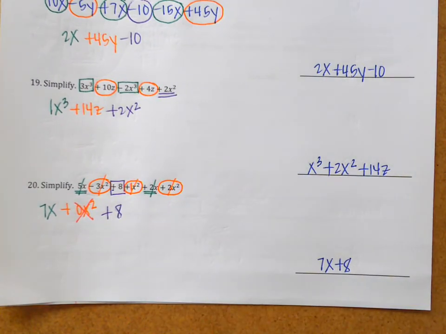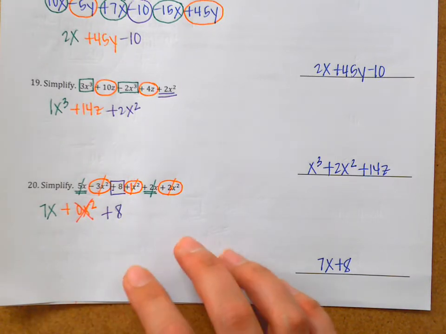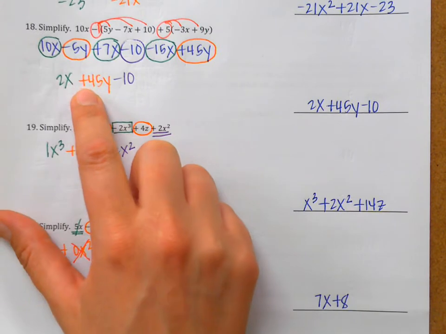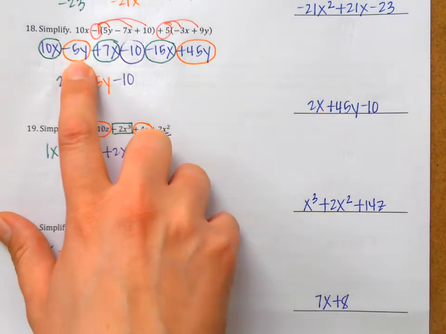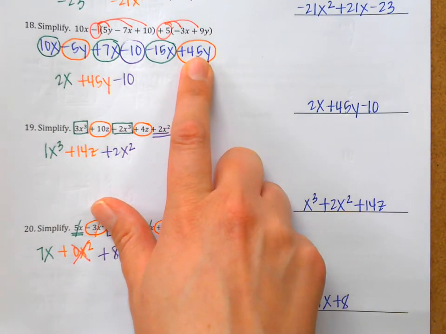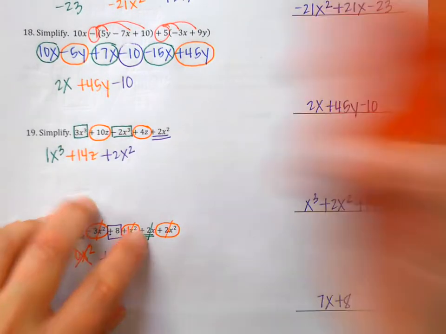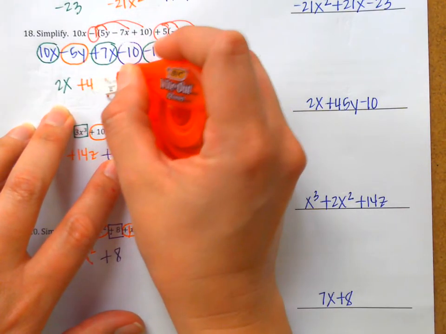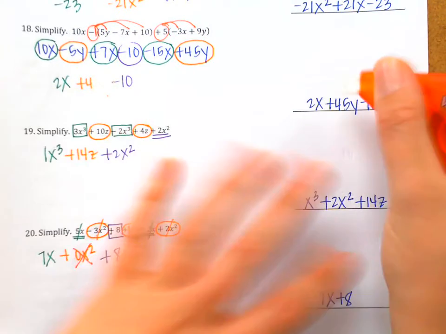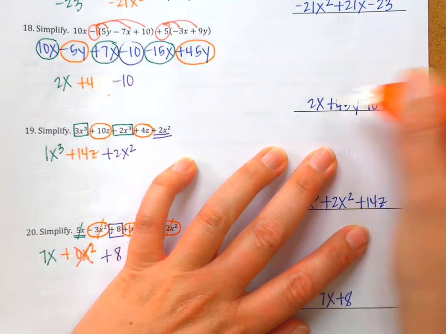Okay, I just realized I said the right thing on a problem and I wrote the wrong thing on a problem. I was just looking at 18. -5y plus 45y is 40y. So that should be 40y, which means this should also be 40y.